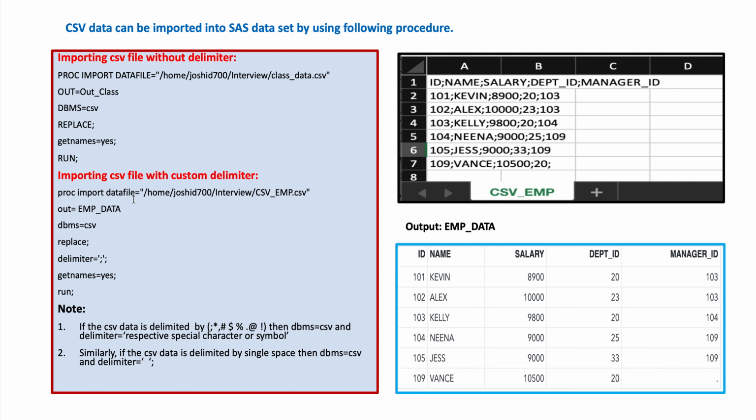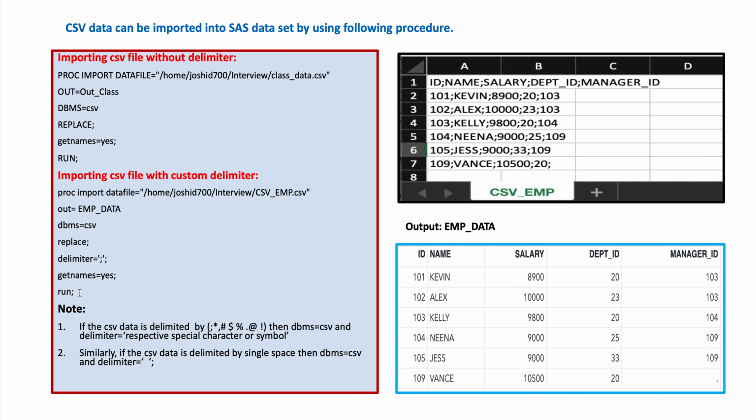Proc import datafile, provide the data source location with extension, output SAS dataset name, dbms csv, replace. Delimiter is here; inside the code we use semicolon, because in this example the custom delimiter is semicolon, that's why we use delimiter equals semicolon inside the code. getnames yes, and run.